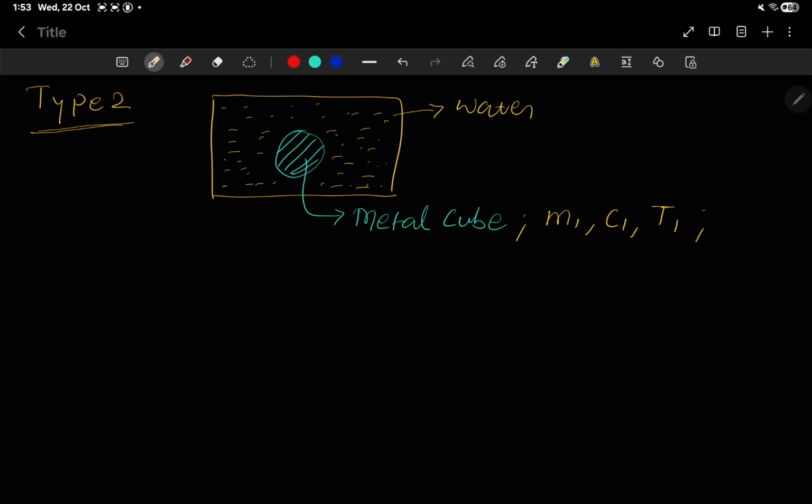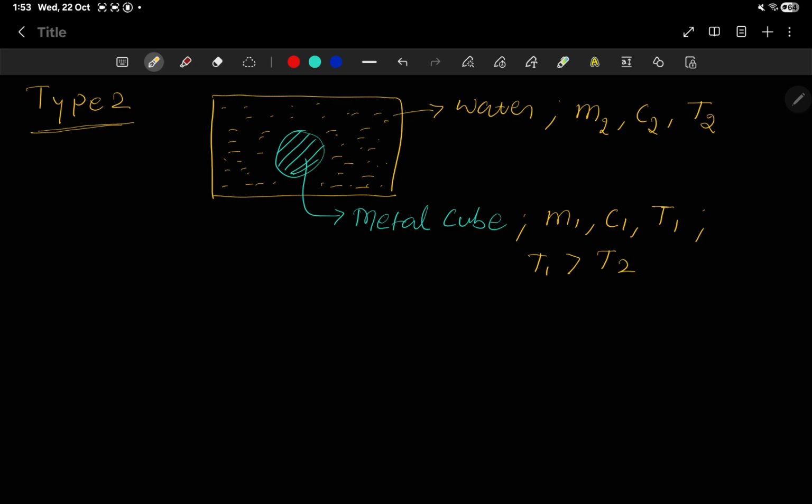And this water has mass m2, heat capacity C2, and it is at temperature T2. And we are assuming that the initial temperature of this metal cube is higher than the water.